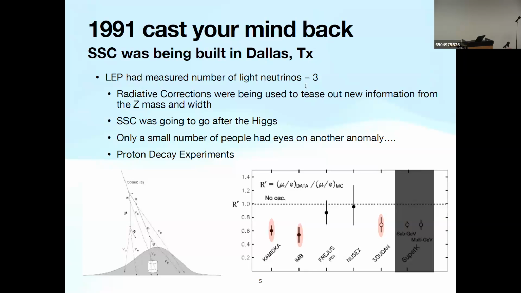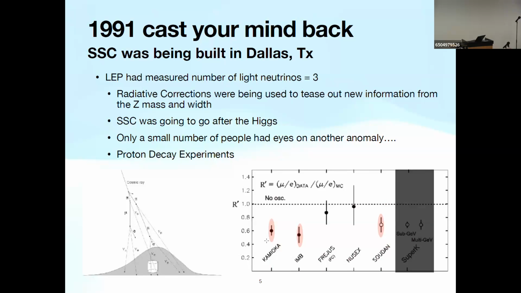And that was this atmospheric neutrino anomaly, which was ongoing back then. This was a measurement that had been made by some proton decay experiments, and in particular the ones in pink had more precise measurements.